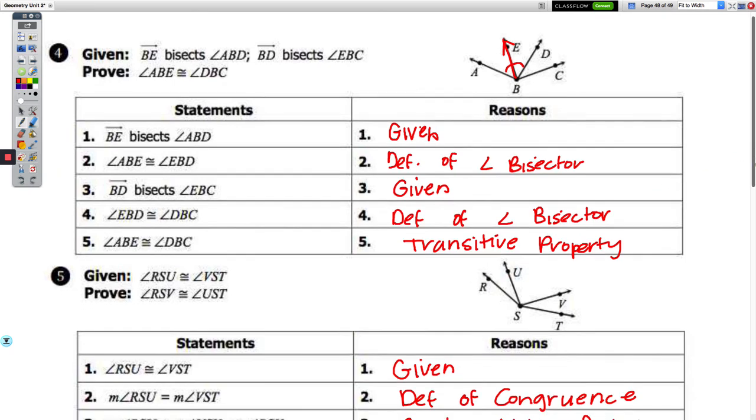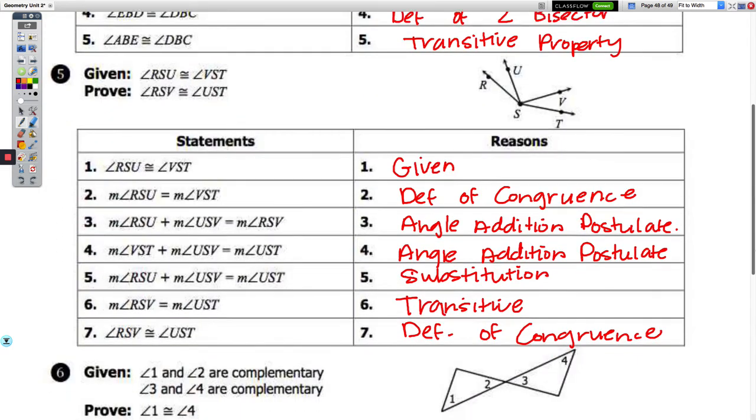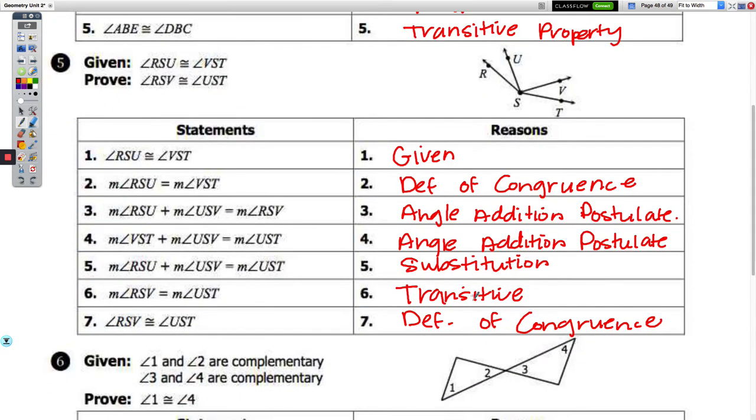Okay, number 5, you should have gotten these reasons.